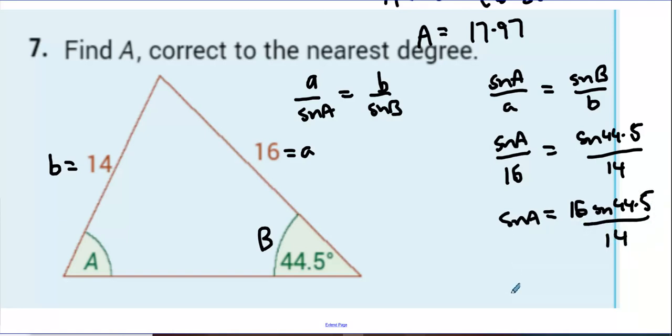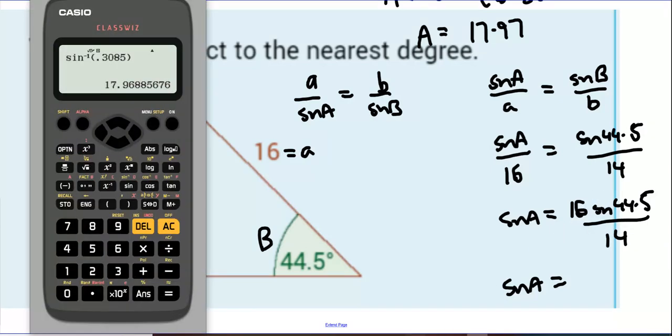What do you get when you put that in the calculator? Oh, you sine inverse the whole thing, do you? Shift sine inverse and you do the whole 16 over 14. That's better, by the way. That's awesome. Well done. That's actually more accurate. So 53.22.